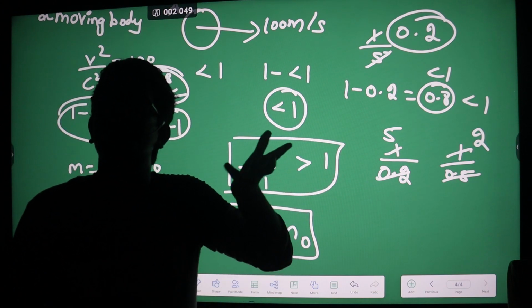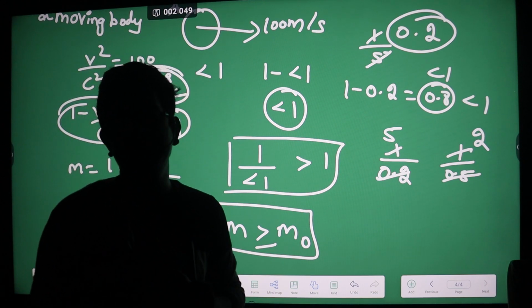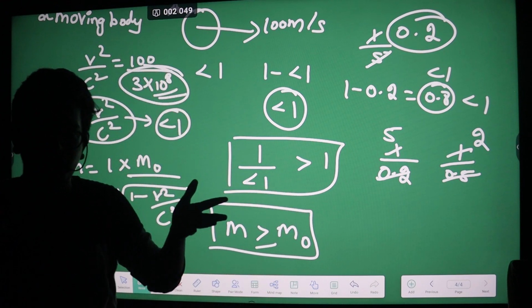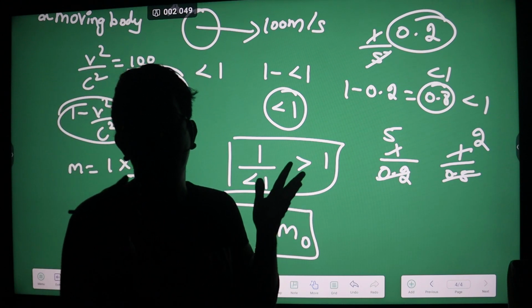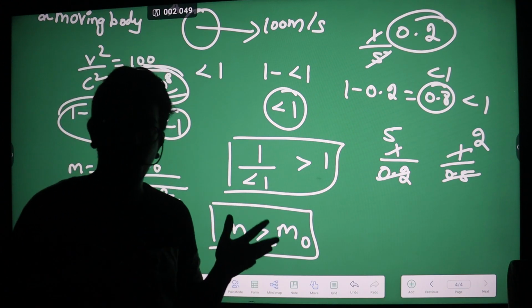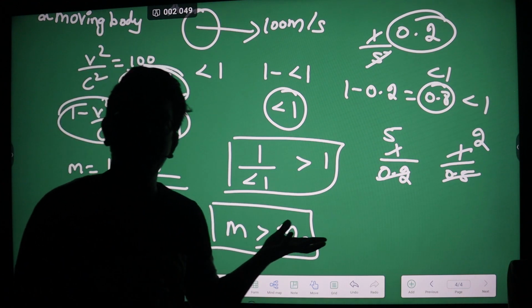When it happens for macro bodies, at our level, it is going to be approximately equal. Not exactly equal, approximately equal, because we are very massive. We are macro bodies.